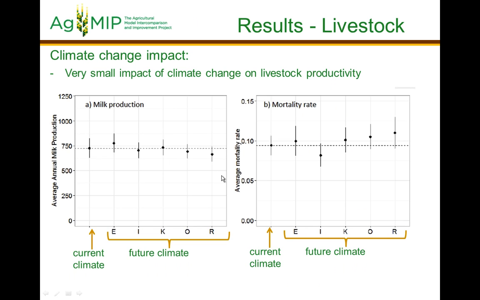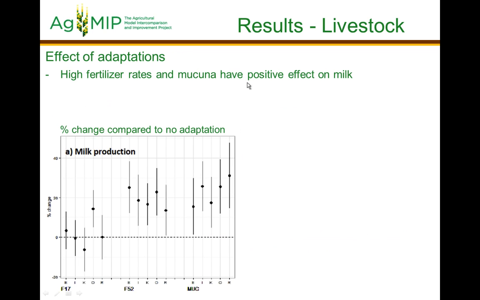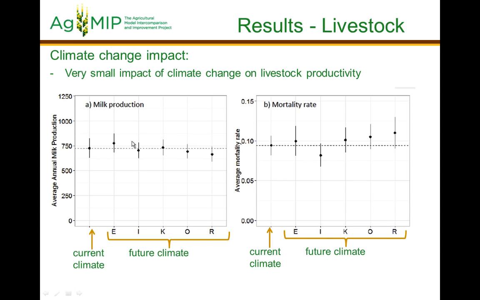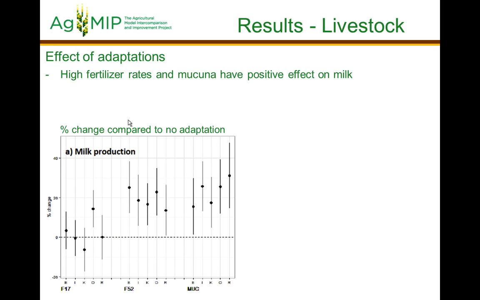Here then we see some results of the climate change impact on the livestock productivity. For milk production, we see that there's hardly any change in the future climates, and also for mortality rate, we see that it increases slightly as compared to the current climate, but really not that much.